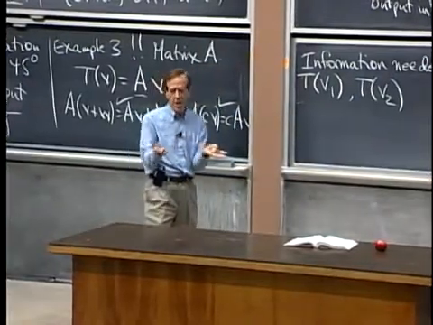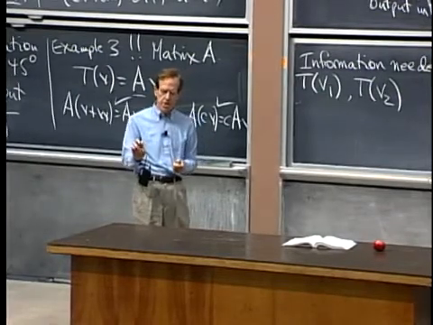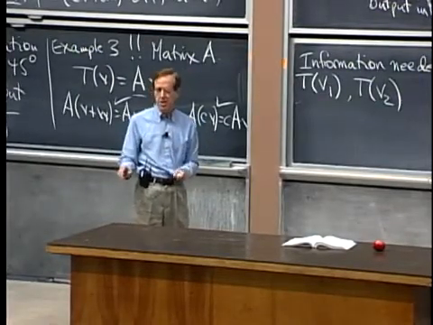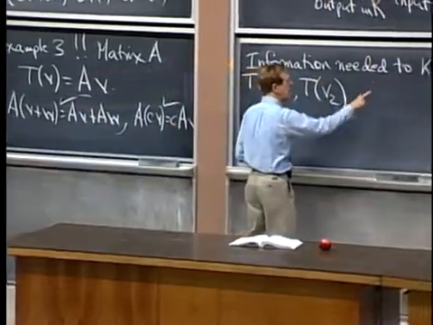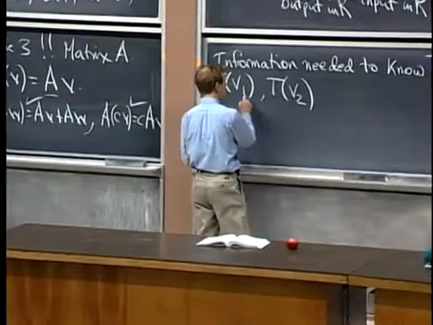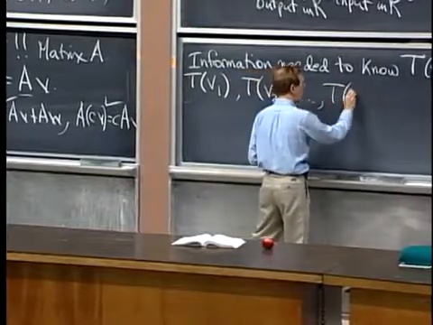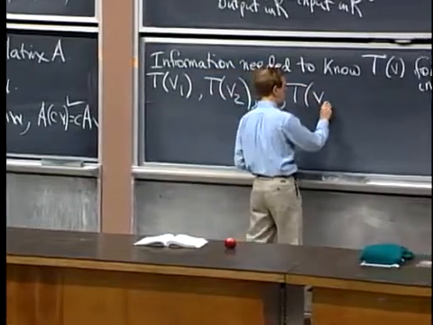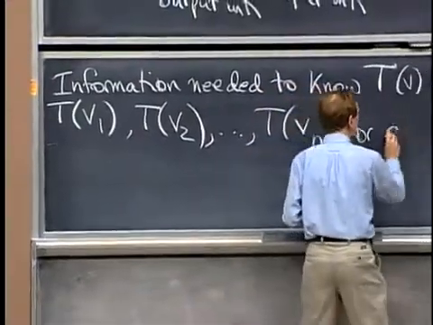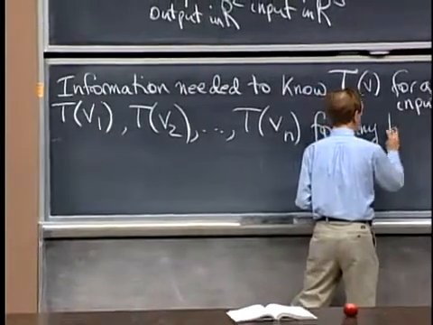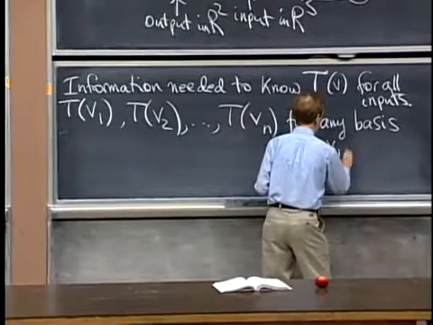So you can see what I'm headed for. If I know what the transformation does to every vector in a basis, then I know everything. So the information needed to know T of v for all inputs is T of v1, T of v2, up to T of vn, for any basis v1 up to vn.